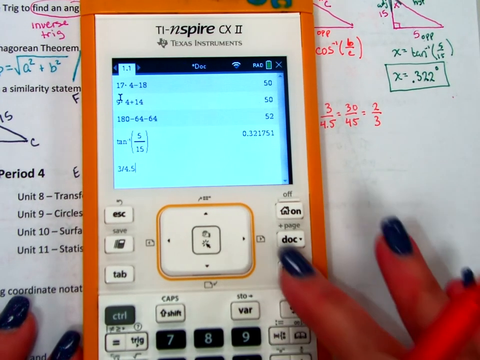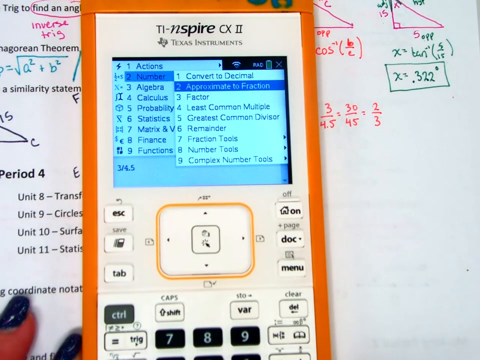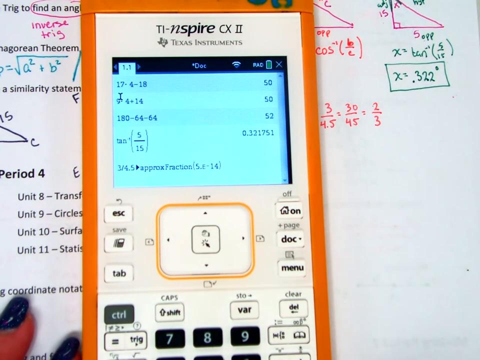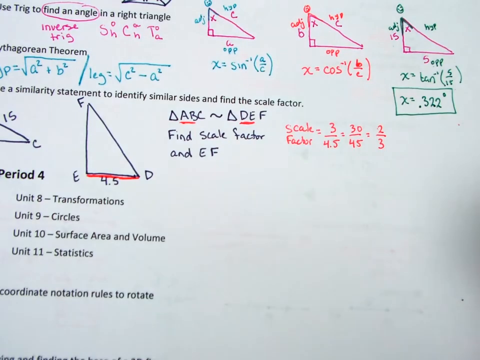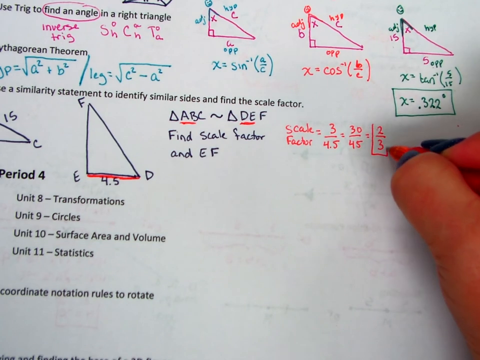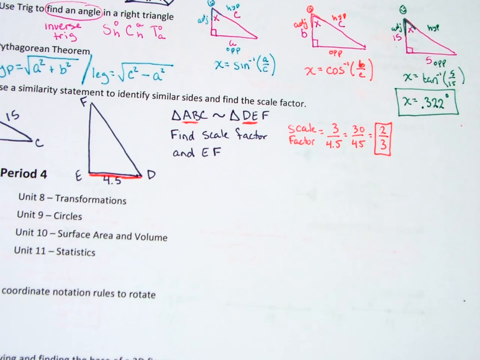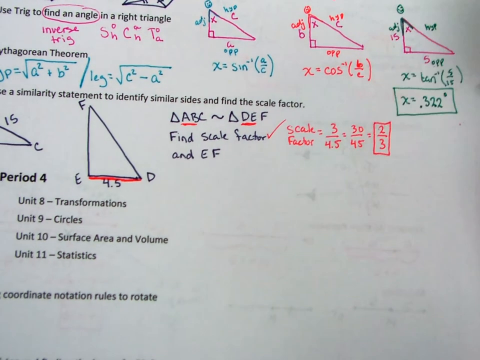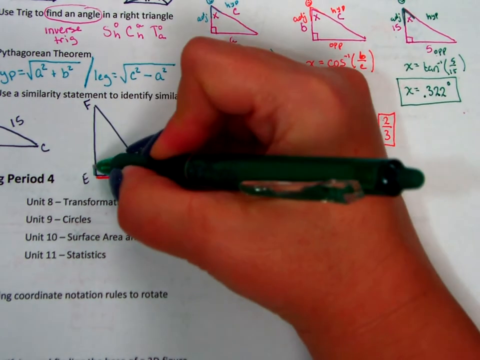So my scale factor is 2/3. Or another thing you could do is you could put it in your calculator, 3 divided by 4.5, and then you could go to menu number and tell it, can you take the approximate answer you were going to give me and make sure it's a fraction? And it'll give me 2/3. And that's only necessary if you have a decimal. I don't think tomorrow there's going to be a decimal, or whenever your final is scheduled. I don't think there's going to be a decimal. Alright, so that's the scale factor.